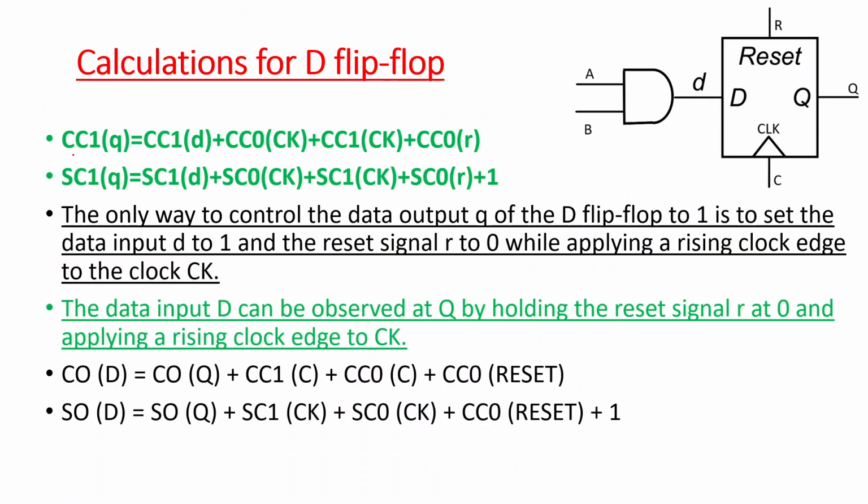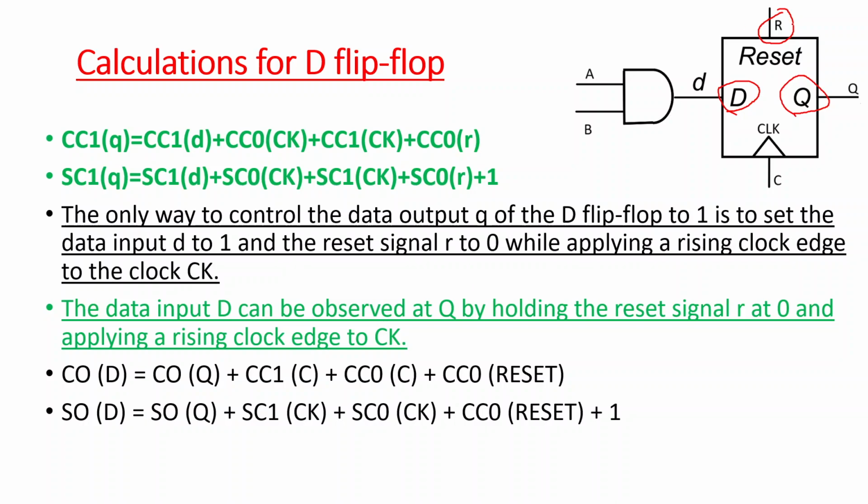Now similarly, for CC1 of Q, we want to control the output of this D flip-flop to 1. The only way to control it to 1 is to apply the D input as 1, the reset signal as 0, and have a positive clock edge, or a rising clock edge.